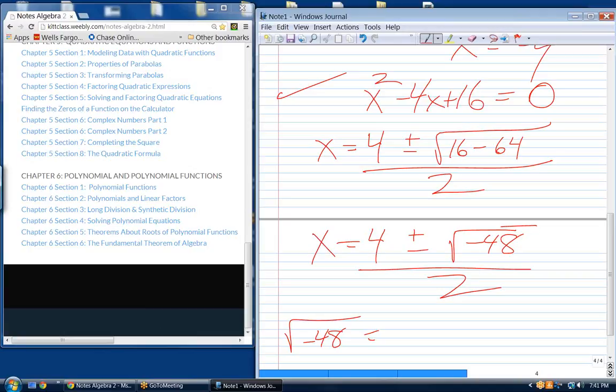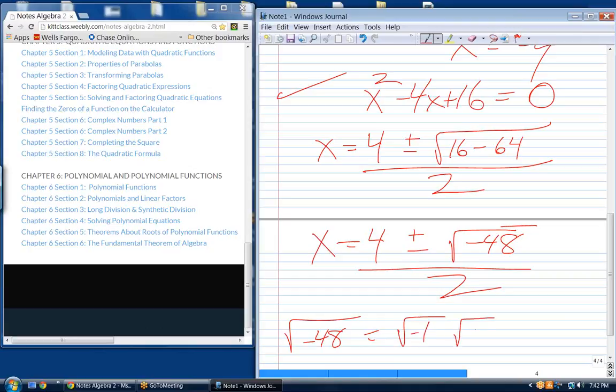Be 3 root 2. No. No. What are your two factors? 2 and 24. None of those is a perfect square. Find factors of 48, at least one of which is a perfect square. In other words, the numbers 4, 9, 16, 25. Those are the perfect square numbers. 4 and 12. Okay, that's a good start.